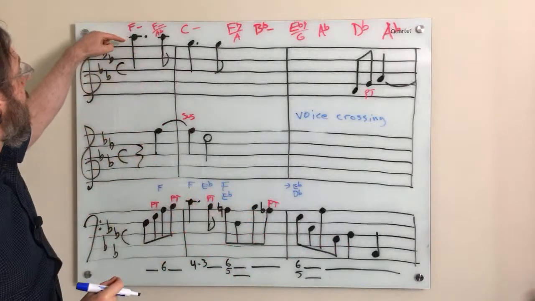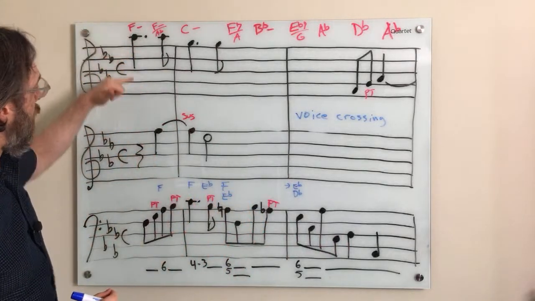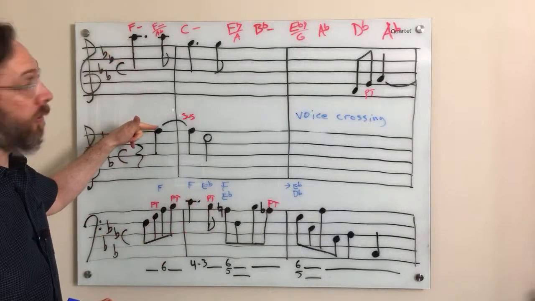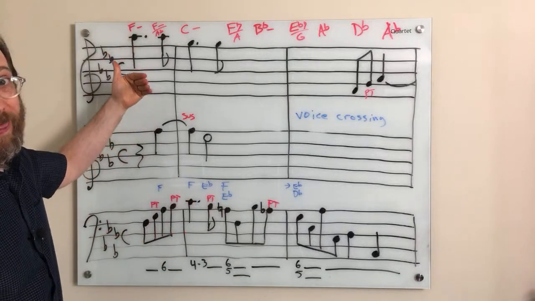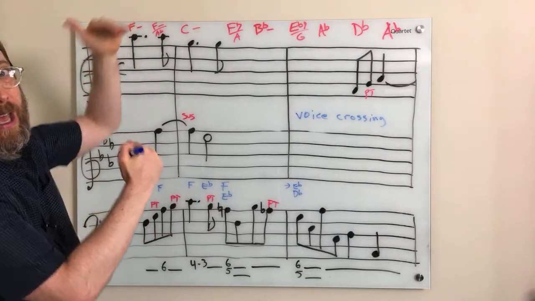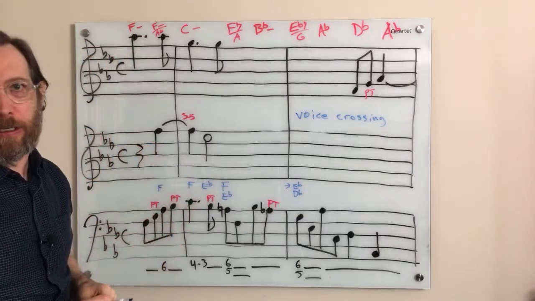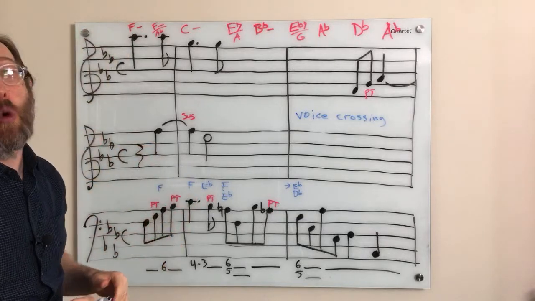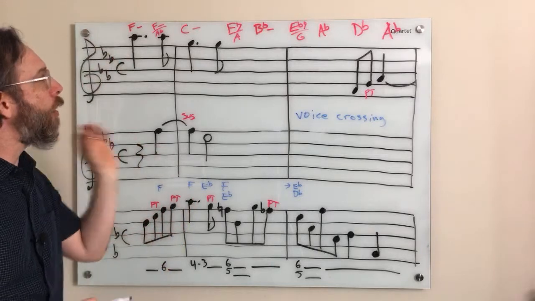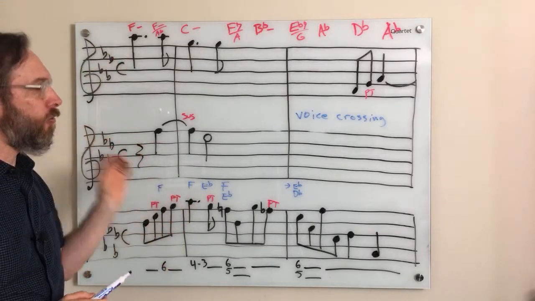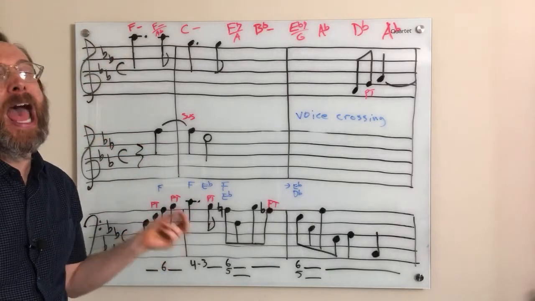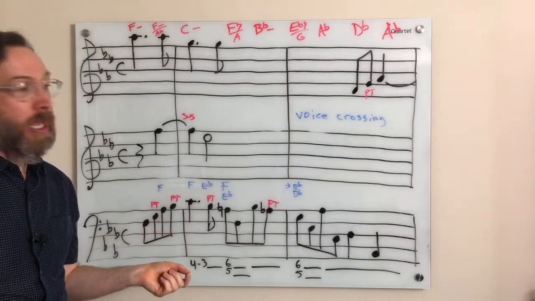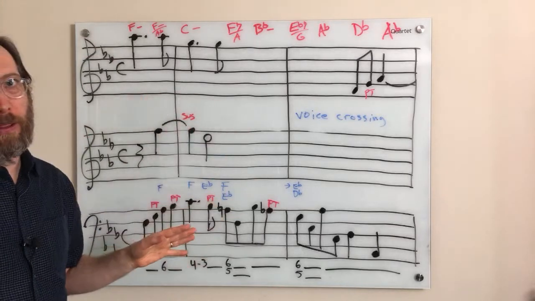It means that violin 1 is higher than violin 2. If at any point that switches and violin 2 is higher than violin 1, that is considered voice crossing. That's normally a bad thing. However, in Corelli trio sonatas, it happens on occasion. And you'll be able to see it as I put up the other measures.